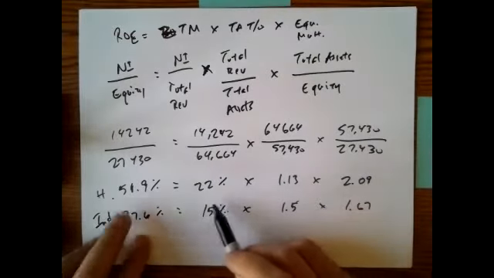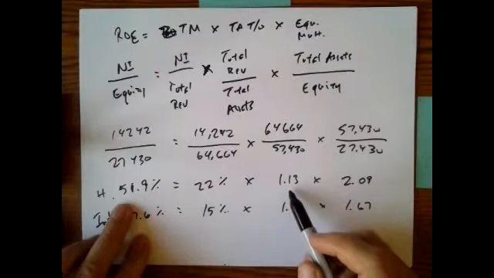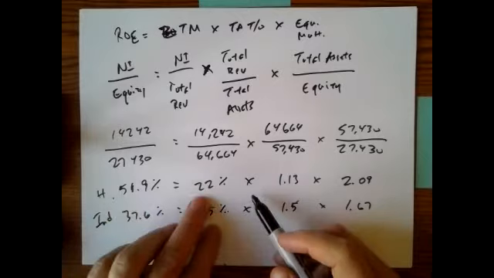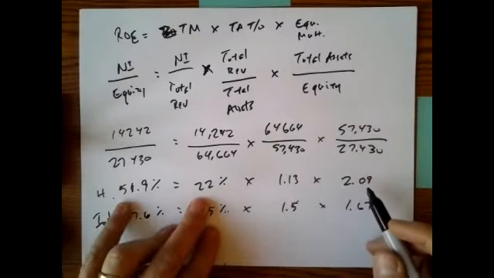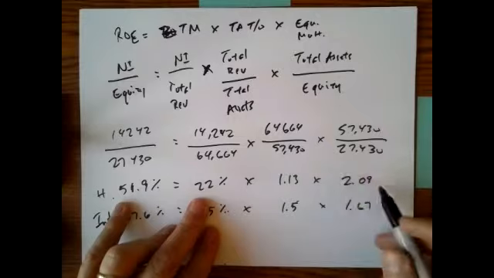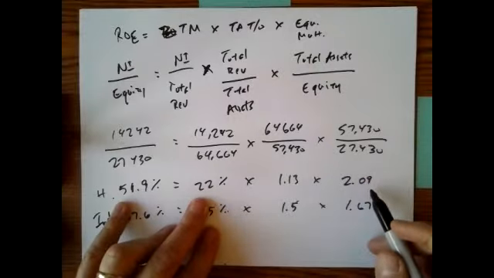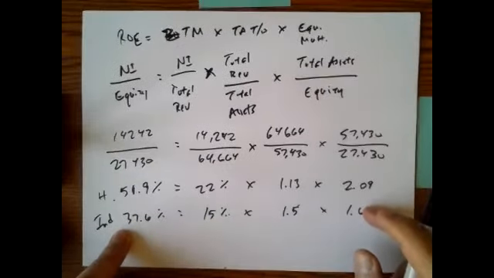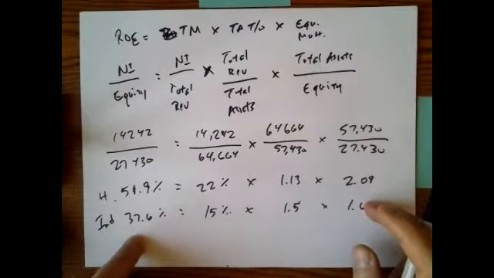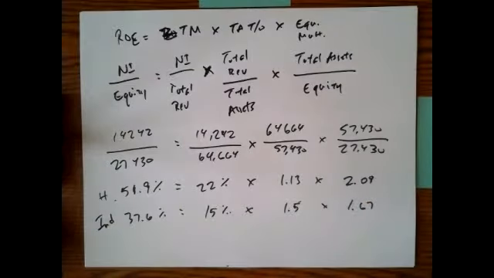And so even though they're worse on their total asset turnover, their total margin helps make that up. And then the fact that they goose their return on equity by decreasing the amount of equity they have. So those two things combined help them have a higher return on equity than the industry average.